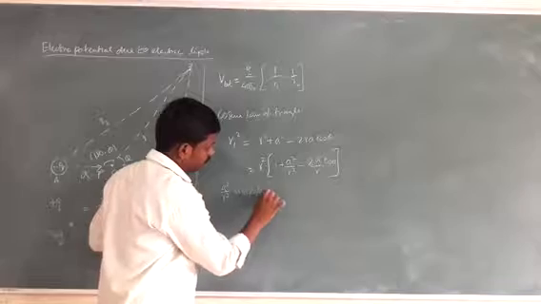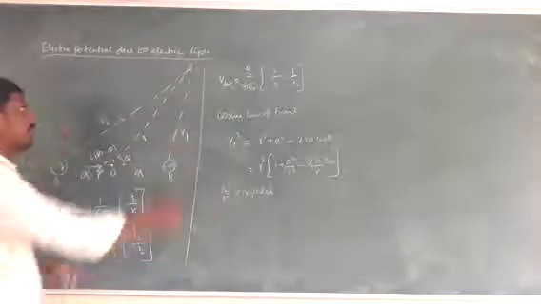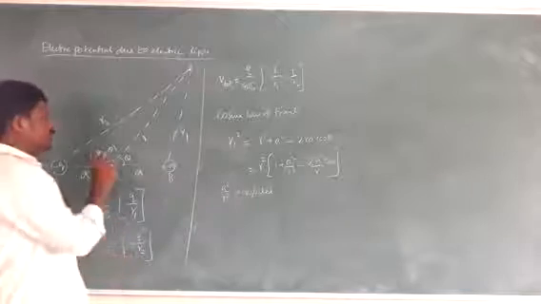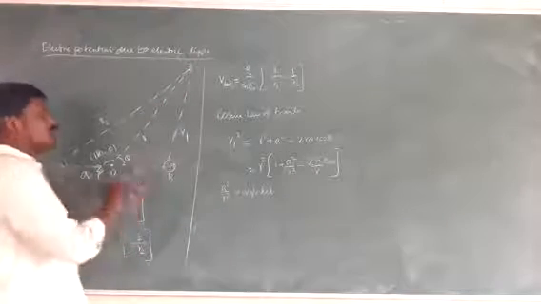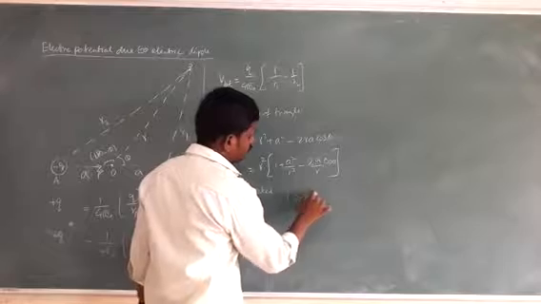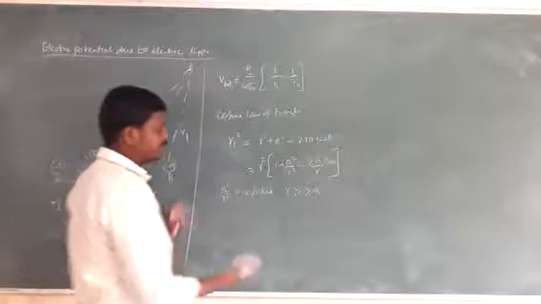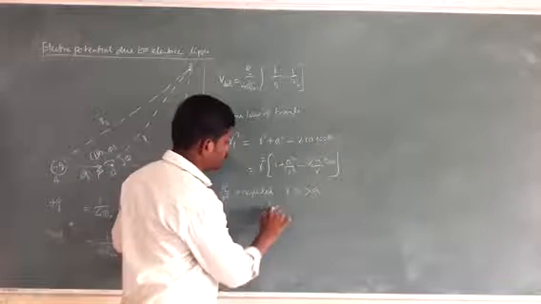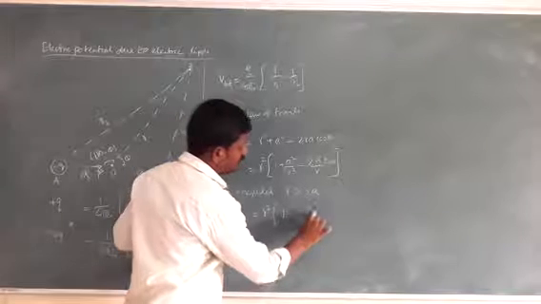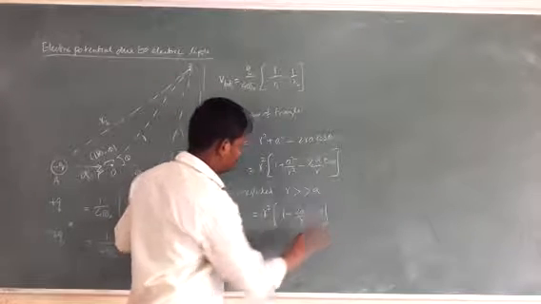Why? If the point P is somewhat away from the dipole, the distance between O and P is somewhat greater, that is r is greater than a. So a squared by r squared is neglected. So it's r squared times 1 minus 2a by r cos theta.